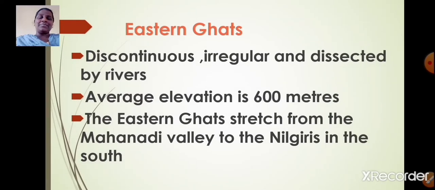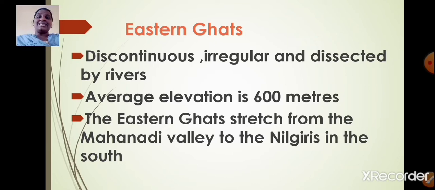Now let us learn about the Eastern Ghats. Eastern Ghats are discontinuous. They are not continuous like Western Ghats. Eastern Ghats are irregular and dissected by rivers. Why are Eastern Ghats irregular? Because the four major rivers flow in Eastern Ghats, making it irregular at various places.